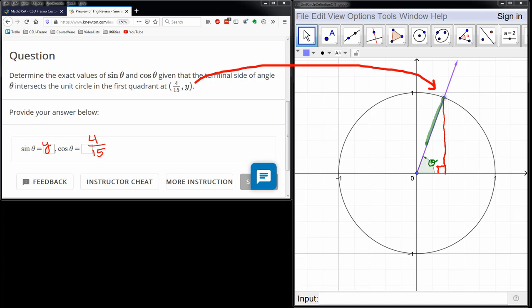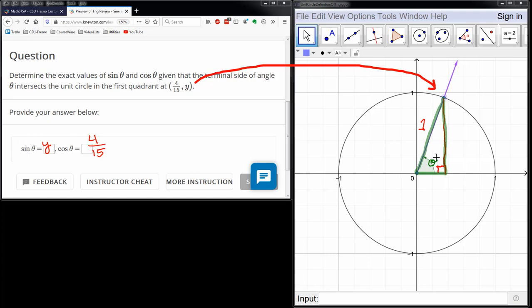I'll highlight the triangle in green here. We've got a right triangle, and I know the hypotenuse is 1, because the hypotenuse of this triangle is a radius of the unit circle, and the unit circle has radius 1.